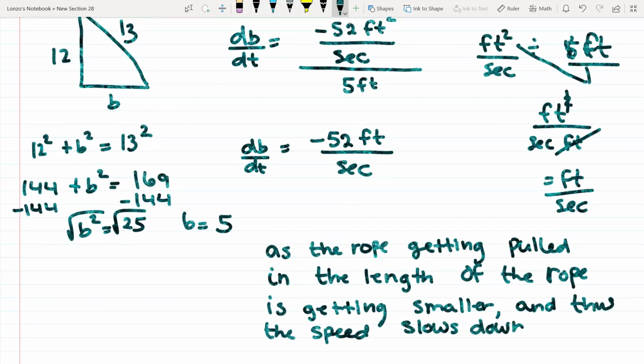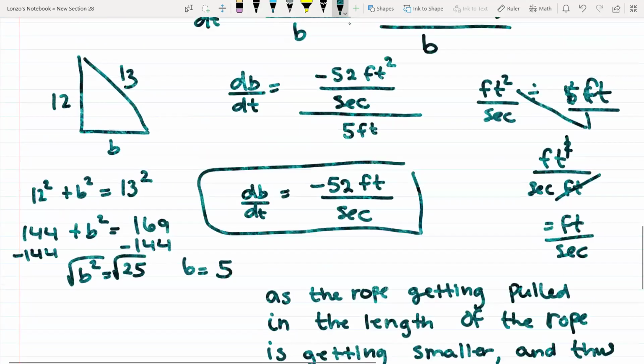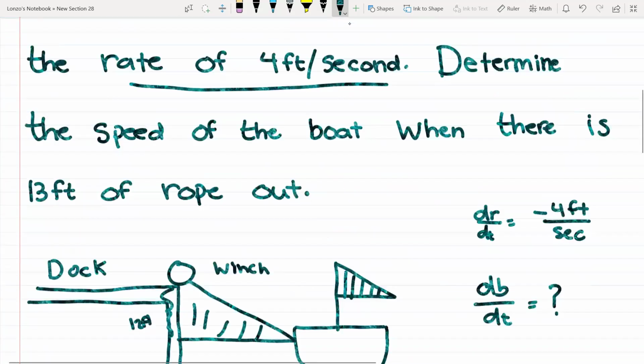Okay, so that is why our rate is negative. So that is our answer for this one. Okay, I will stop here.